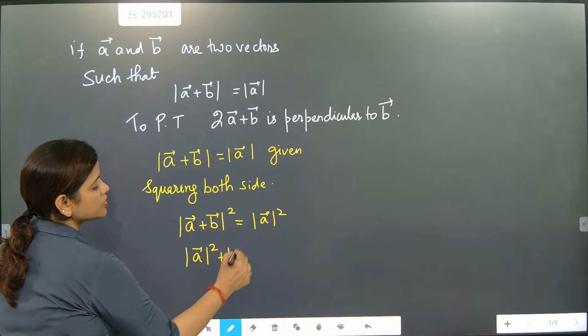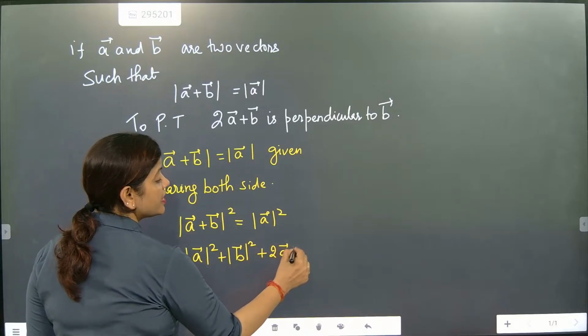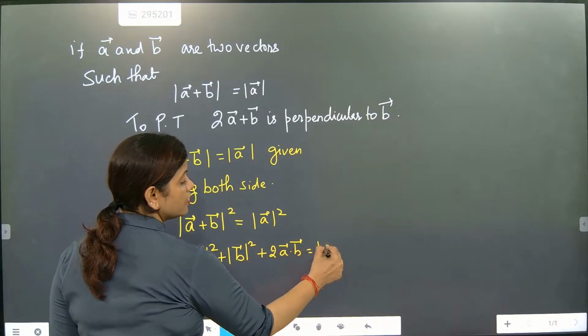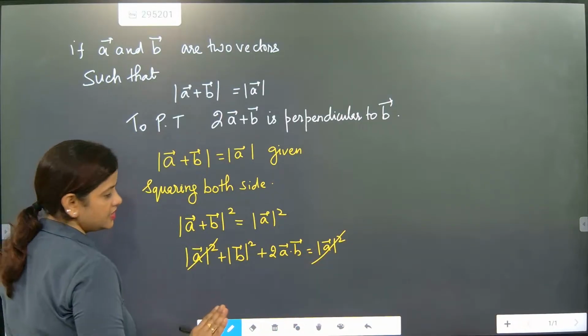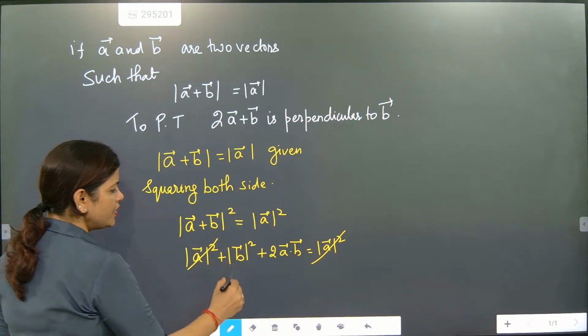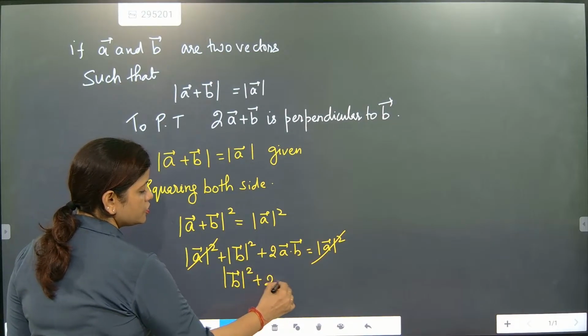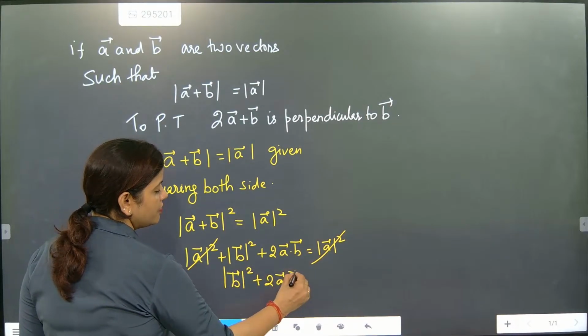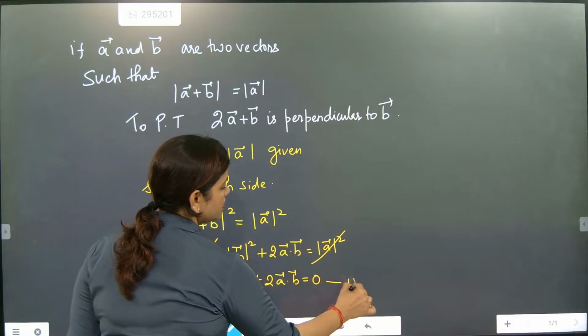Magnitude of A whole square, magnitude of B whole square plus 2 A vector dot B vector is equal to modulus of A vector whole square. This and this will get cancelled. So now we came to the conclusion that B vector square plus 2A vector dot B vector is equal to 0. We will take it as equation 1.